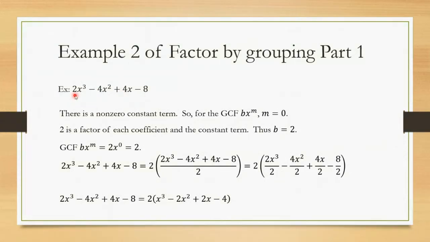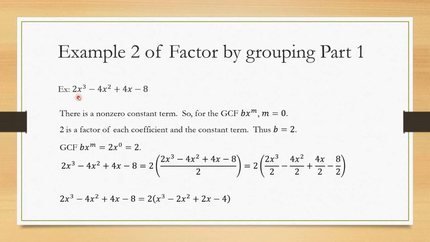So 2 is a factor of every coefficient and the constant term. In other words, the greatest common factor among the coefficients and the constant term is 2.